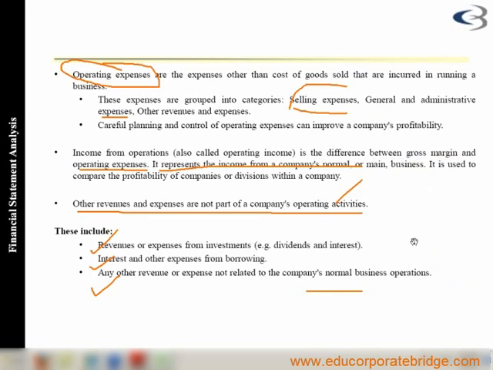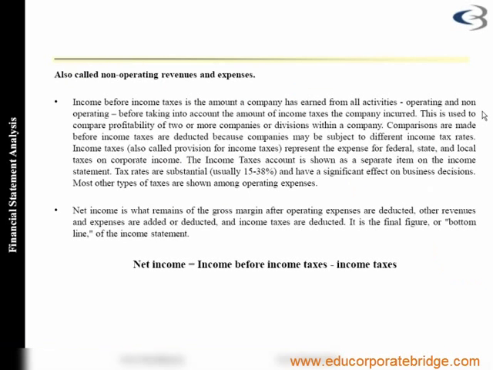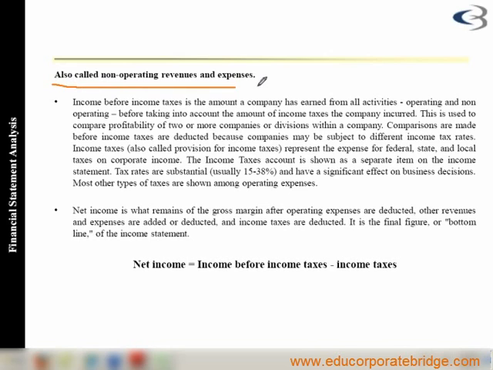Okay. These are also known as non-operating revenue or expenses. So non-operating revenue or expenses are those expenses which are not directly related to your operations, but you're supposed to pay them. Something like income tax. Income tax is surely not related to your operation, but you're supposed to pay income tax on your income.